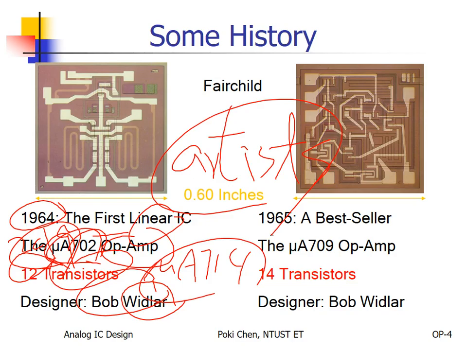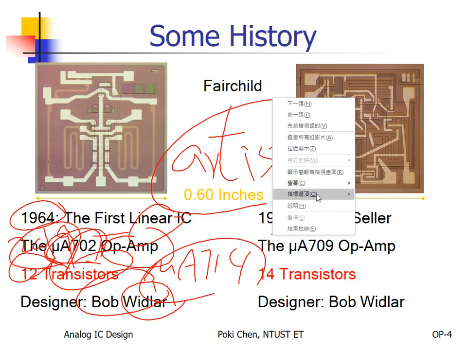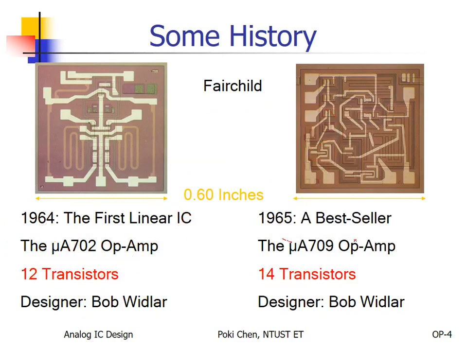If you look at the past, they were quite generous. They would show you the detail of the equivalent circuit, from transistors, resistors, capacitors, even the sizes: how much the resistance is, how much the capacitance is. Because in the past, nobody could compete with them, they showed you everything.